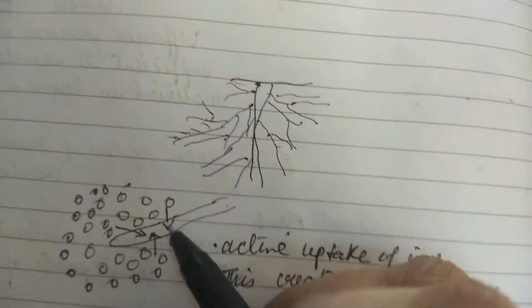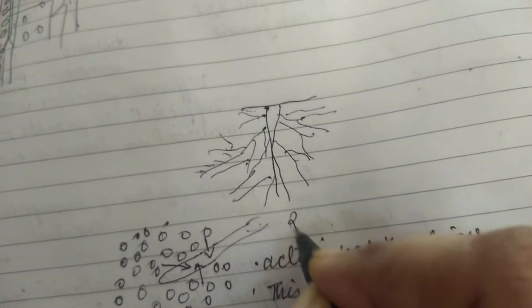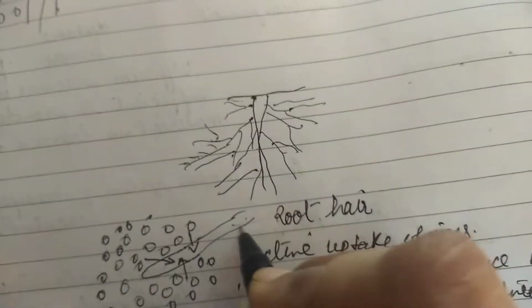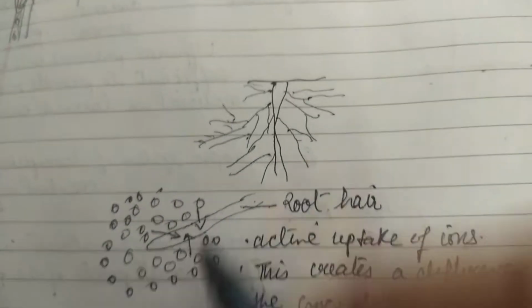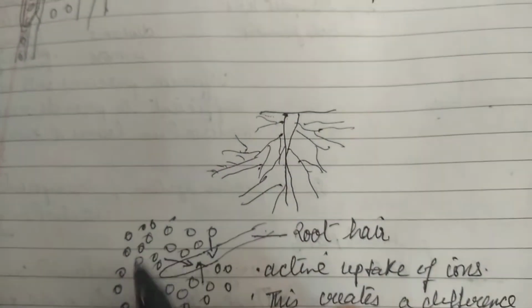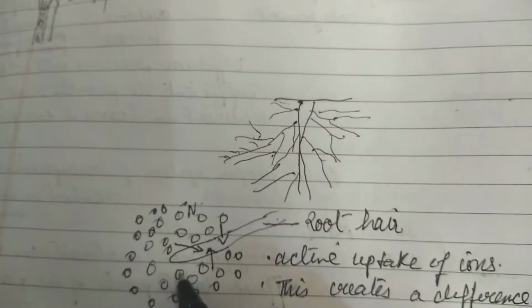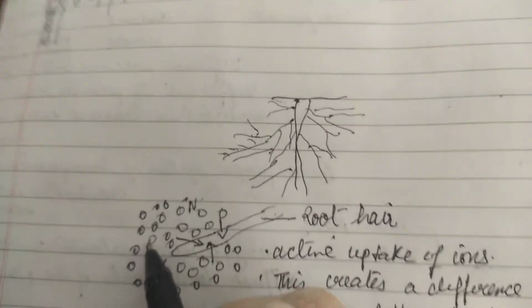Clear? So these root hairs take ions. They're in the soil. We know that the ions are like sodium ion, then potassium ion, and phosphorus is also there.